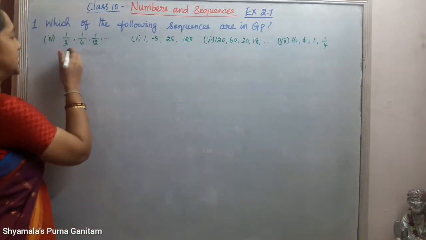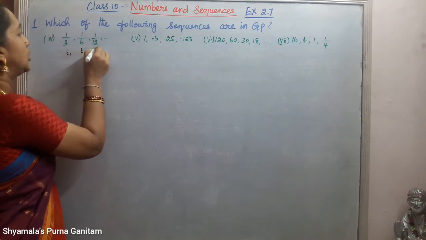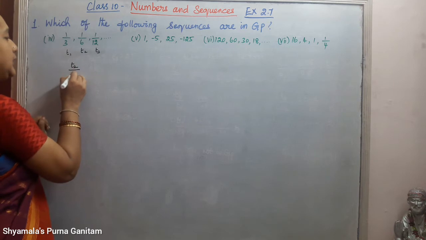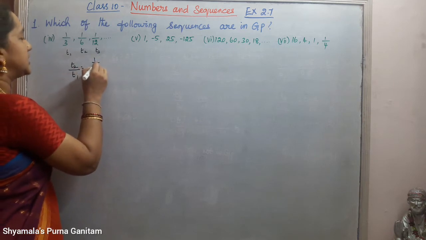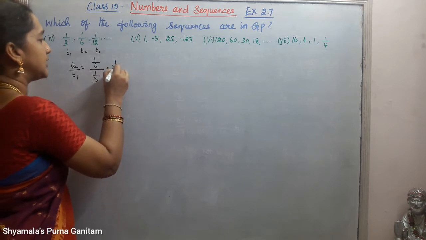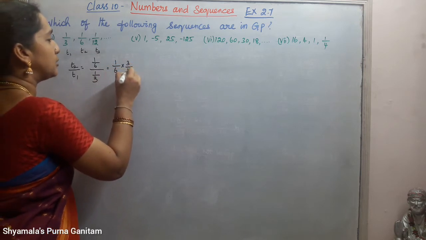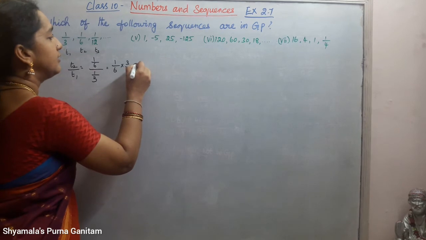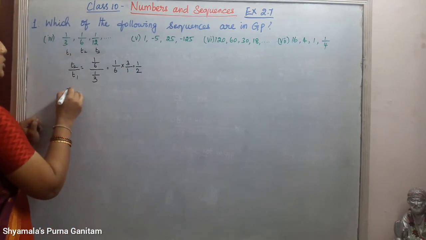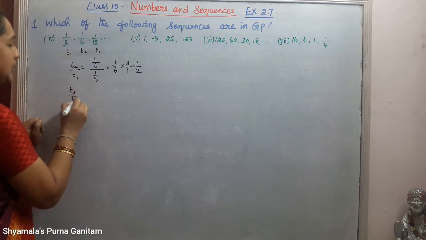We will continue with this. So this is T1, T2, T3. Okay, when we find the ratios, T2 by T1 is equal to 1 by 6 by 1 by 3. So that is equal to 1 by 6 into 3 by 1. So when we simplify this, we will get this as 1 by 2. Okay, then next one is T3 by T2.